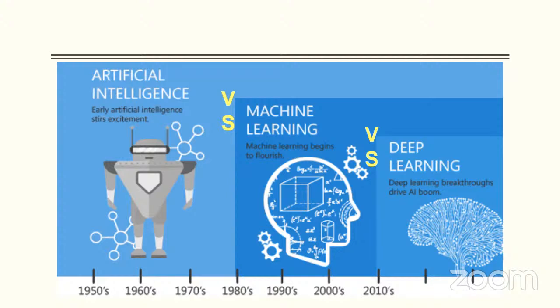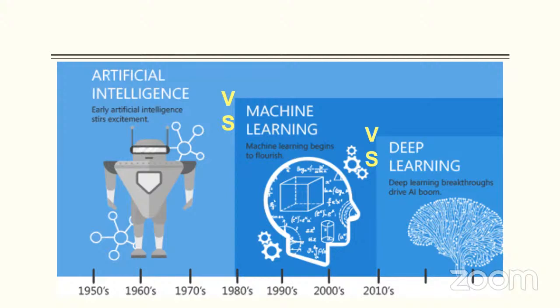Deep learning also looks at your data, but the way it is analyzed or the way it predicts is different. Deep learning talks about neurons, how neurons transfer information in our body from point A to point B. So again, it does a lot of iteration.